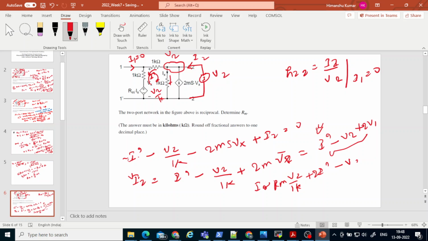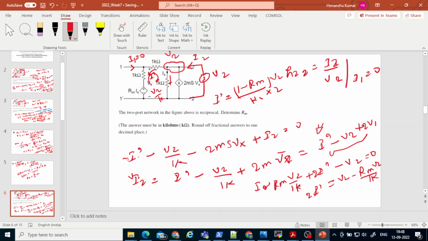Because this voltage drop is 0, we can find I dash from here. 2 times I dash equals V2 minus Rm times V2 by 1k. So I dash will be equal to 1 minus Rm by 1k, times V2 by 2. So this is our I dash.